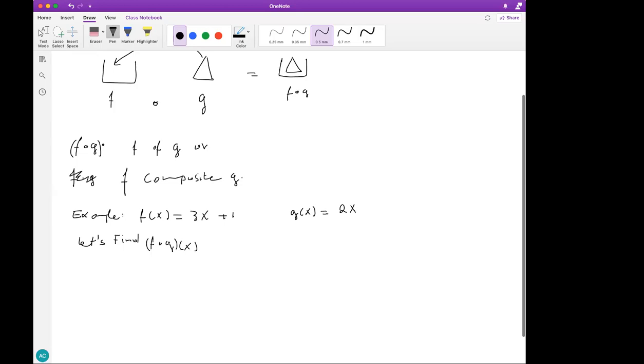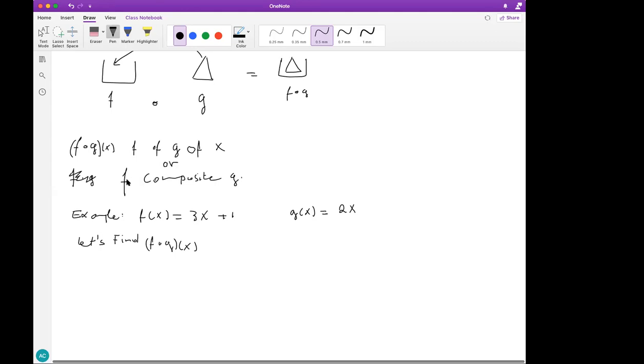So we see f of g needs a variable. It just means which letter they have. Do they have y here or x? Whatever letter it might be, we put it here. So this means f of g of x, or we can also call it, as we said earlier, f composite g.